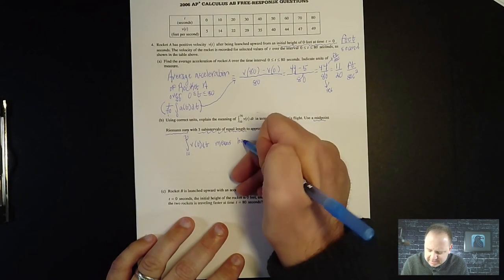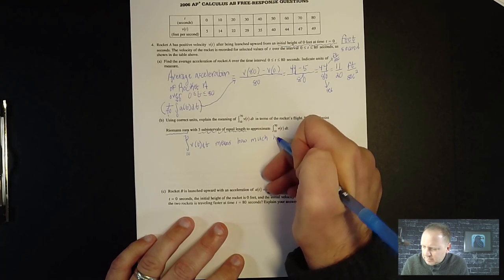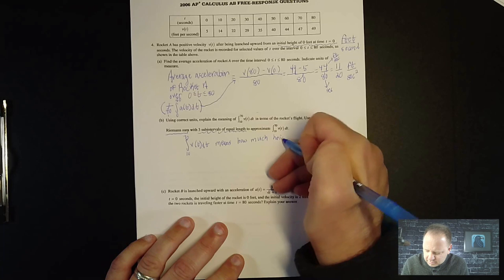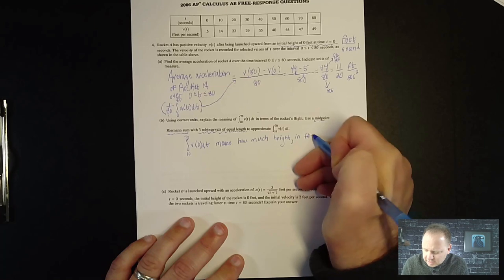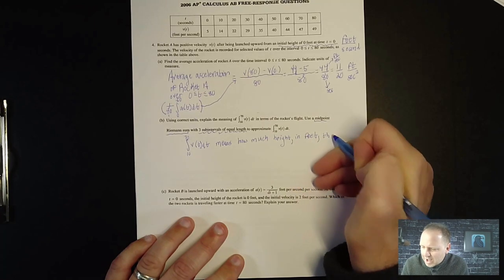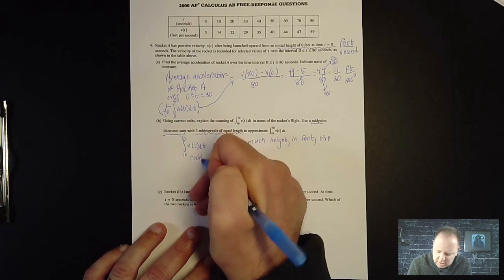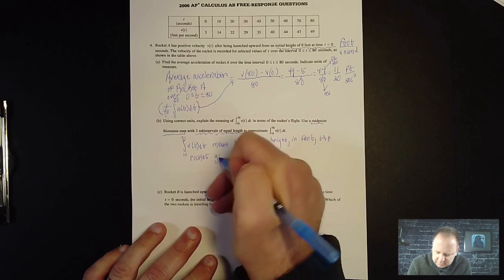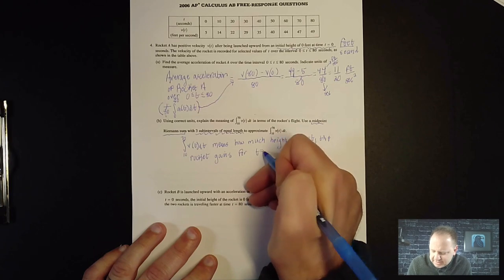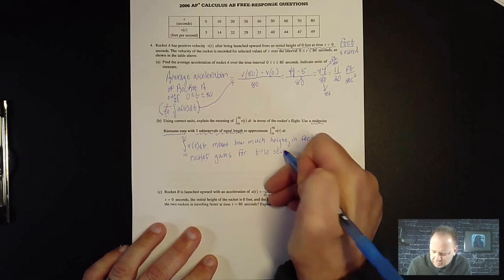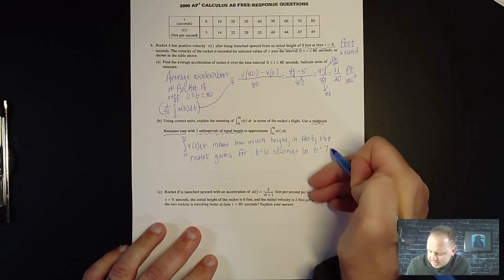So how much height in feet the rocket gains for t equal to 10 seconds to t equal to 70 seconds.